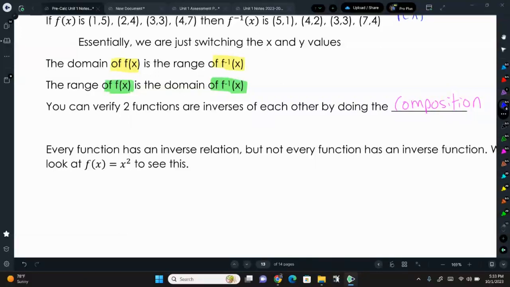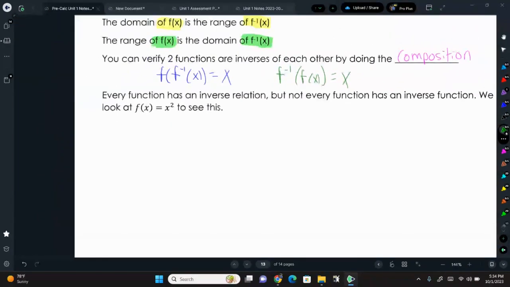So what that means is f of the inverse of x has to equal x, and when you compose the inverse with f of x, you must also get x.